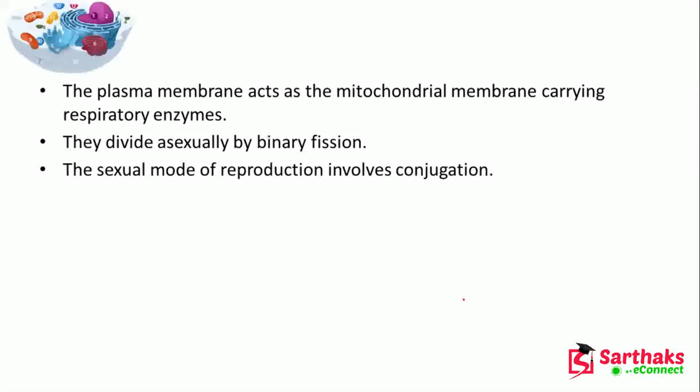Next, the plasma membrane acts as the mitochondrial membrane, carrying the respiratory enzymes. They divide asexually by binary fission, and the sexual mode of reproduction involves conjugation.